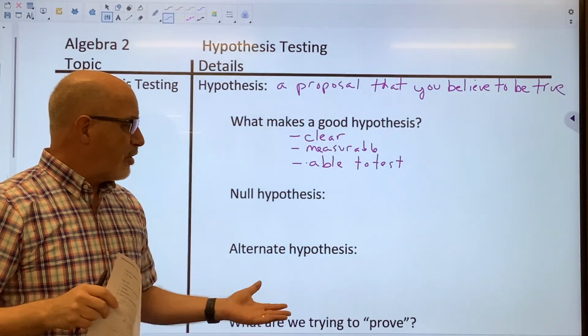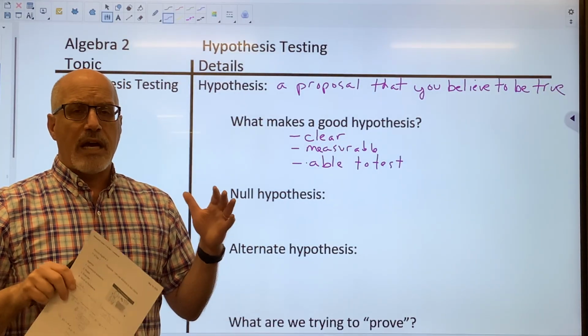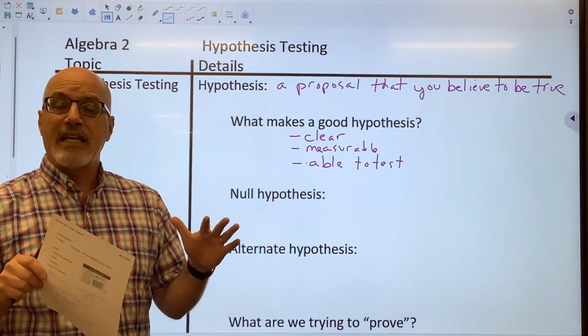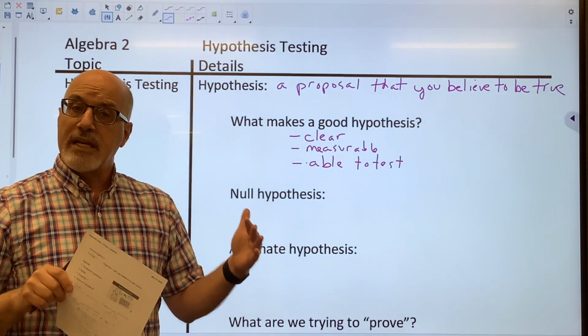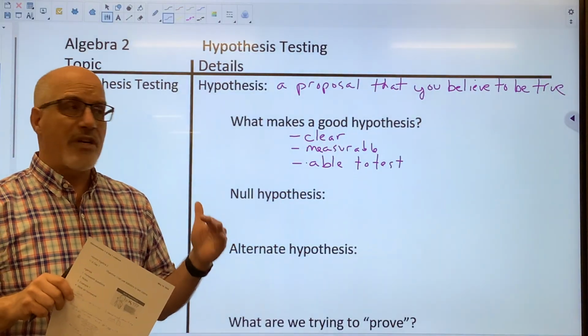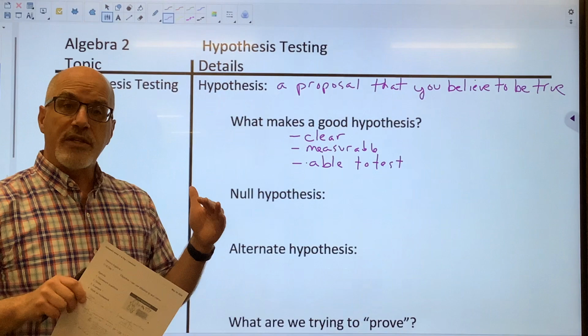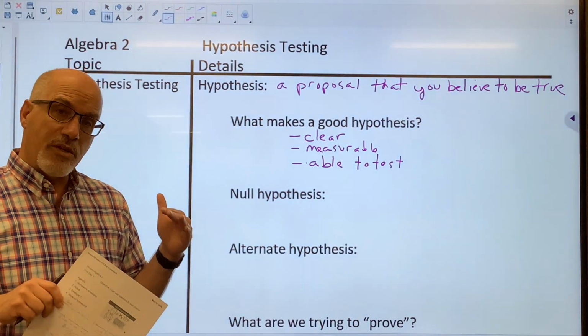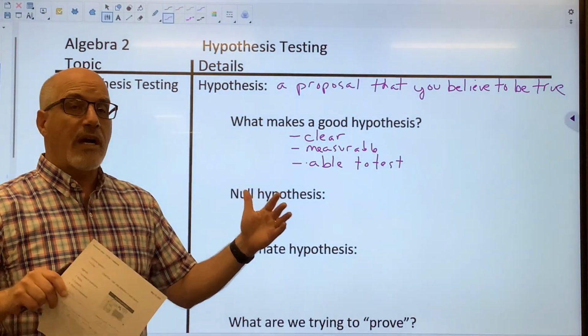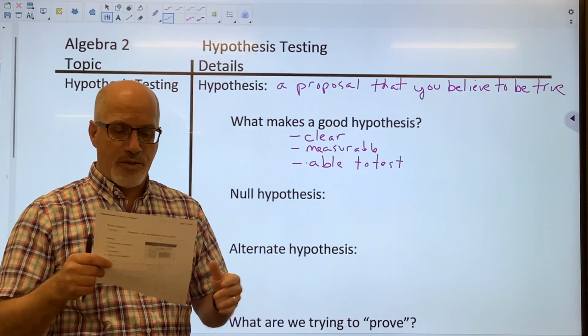Now, a null hypothesis. This is where hypothesis testing seems counterintuitive, but what it does is put the burden of proof on showing that what you think is true is actually true. Otherwise, we're going to assume that it's not true.